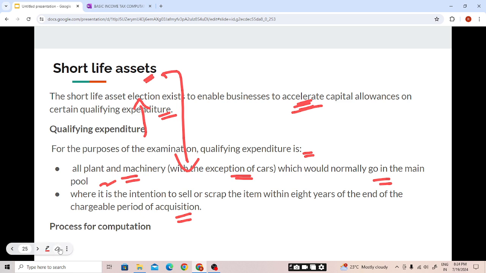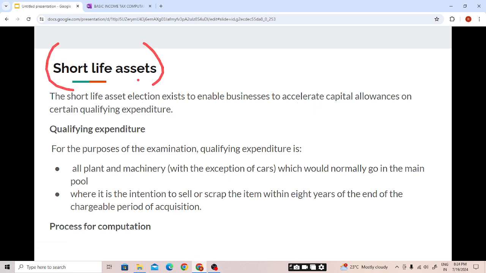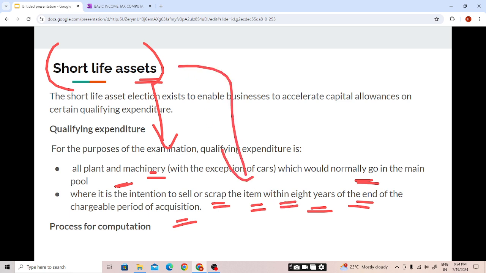So short life assets are all plant and machinery which would normally go in the main pool, and the intention is to sell the items within 8 years of the end of the chargeable period of acquisition, that is, the period in which it becomes chargeable, from that period till 8 years. If the intention is to sell within 8 years, then we can create a separate pool.